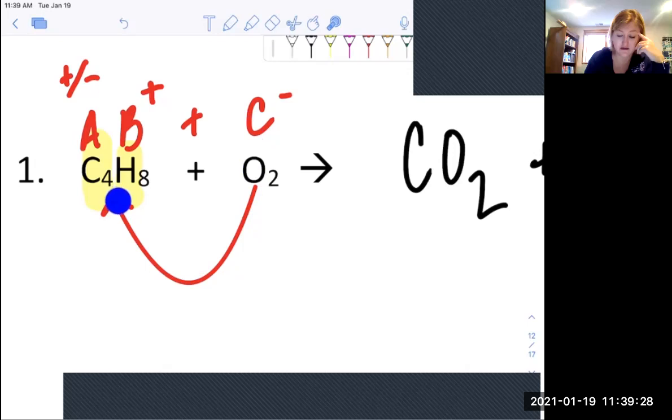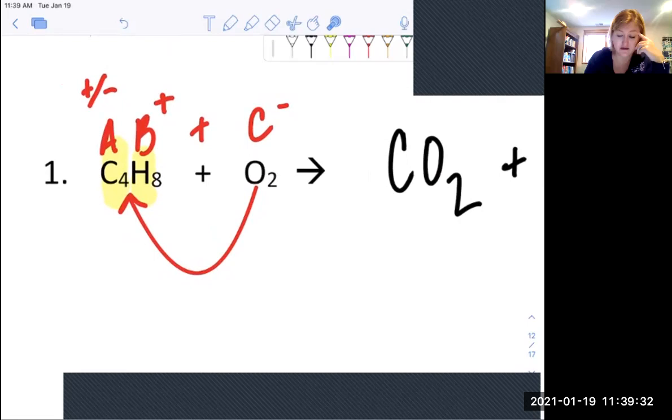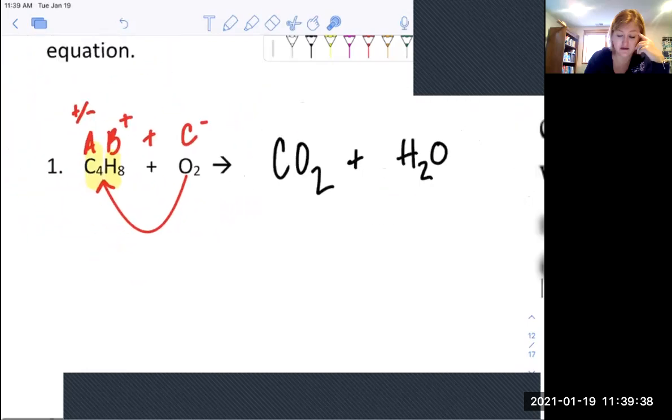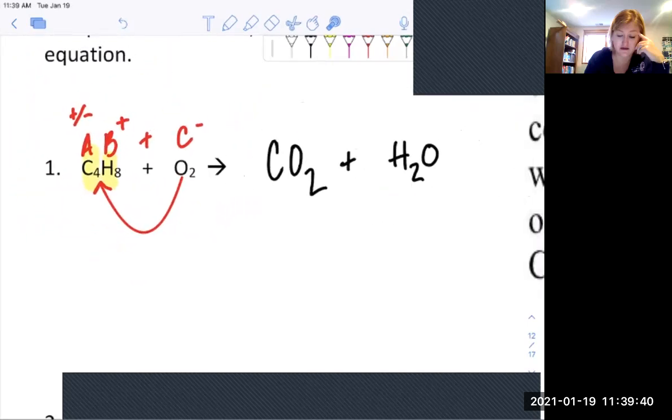That sends a warning flag to your brain: I don't know which one it's going to kick out, but if it's carbon hydrogen, I know it's carbon dioxide and water. So every single time you start with a carbon hydrogen based compound, the products will be carbon dioxide and water. Every single time.